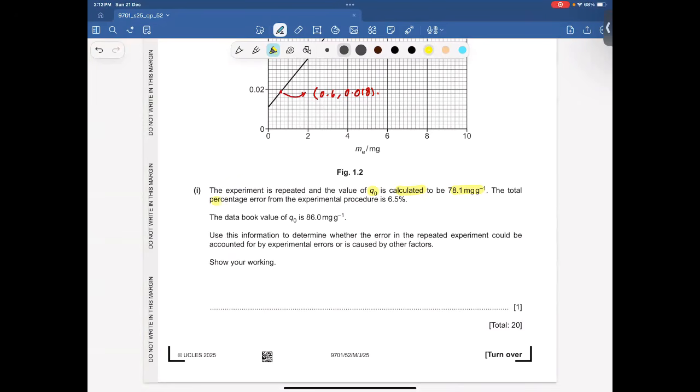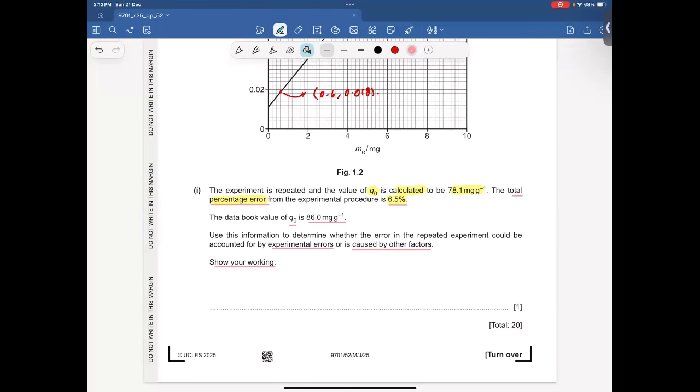The total percentage error for the experimental procedure is 6.5. So that's the total percentage error. The data book for Q naught is 86.0 milligram per gram. Use this information to determine whether the error in the repeated experiment could be accounted for by experimental error or caused by other factors.